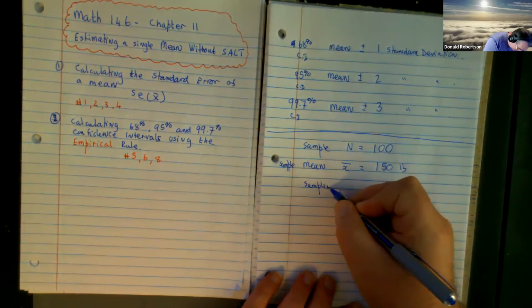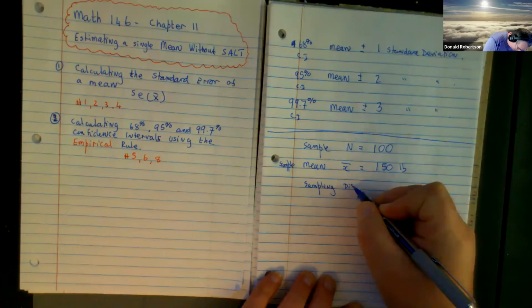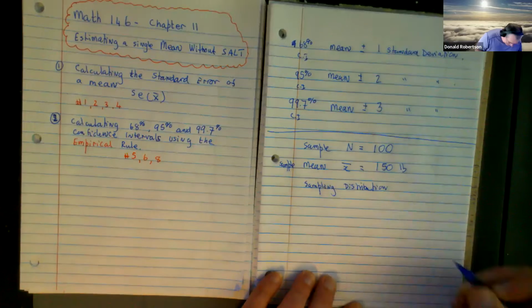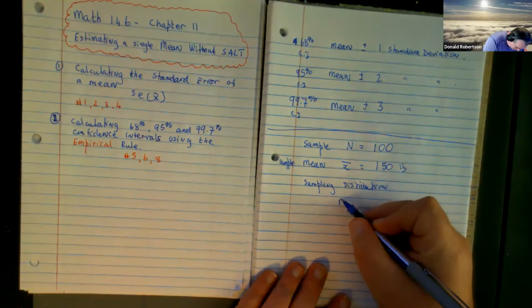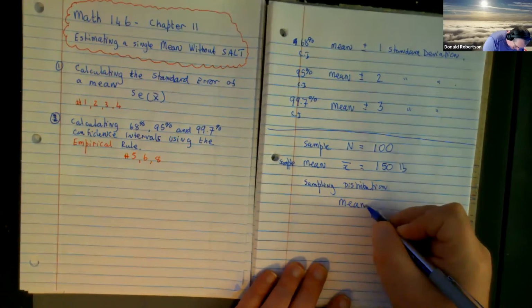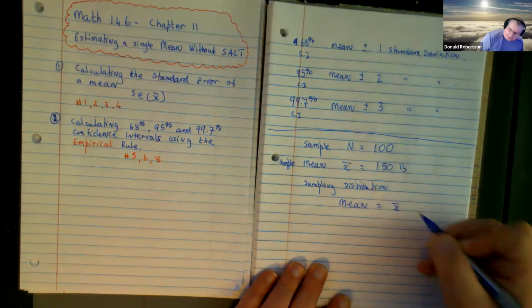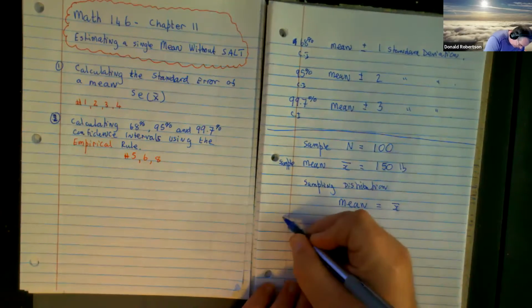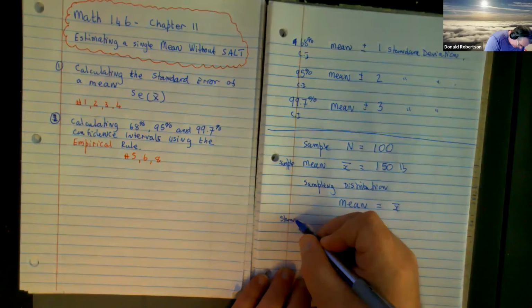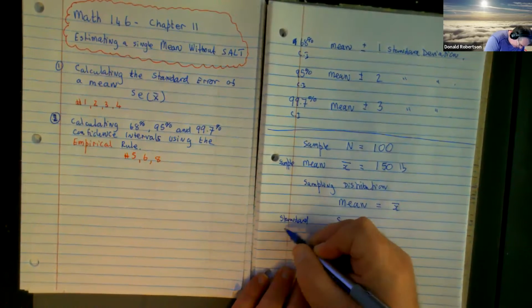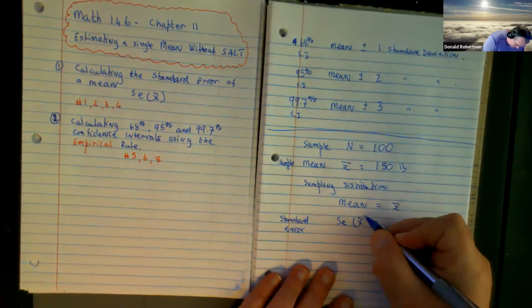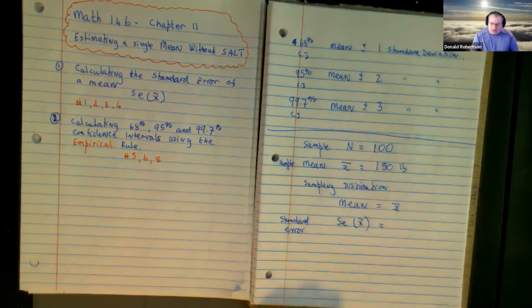It's called the sampling distribution. In the sampling distribution, the mean is going to be x bar, and the standard deviation is called the standard error. Here's the formula for it.